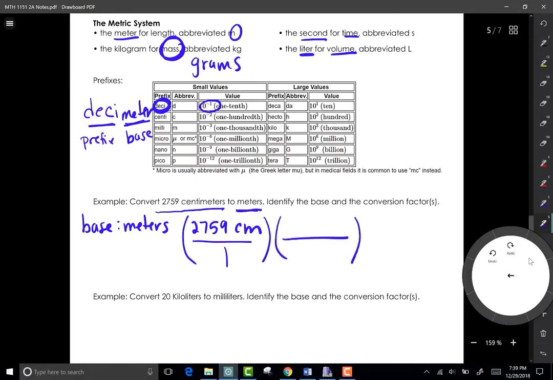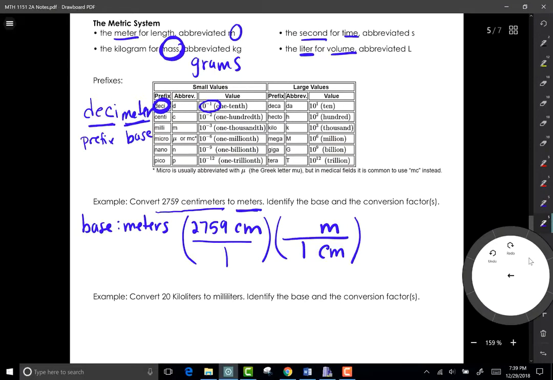Since I want to get rid of centimeters, I want to put centimeters on the bottom. So I'm going to say 1 centimeter is equal to so many meters. This is where our chart of powers of 10 comes in. Meters are our base, and centi is our prefix.